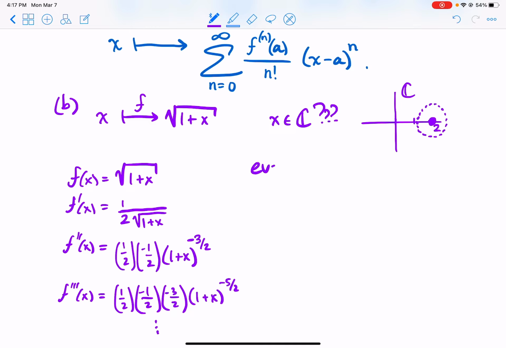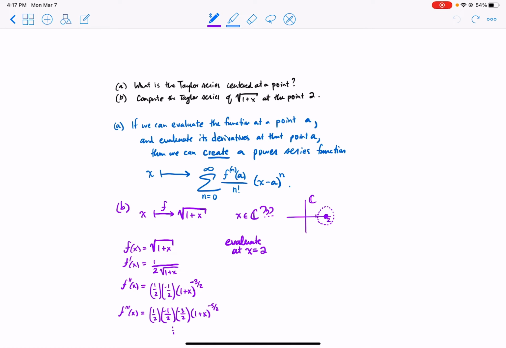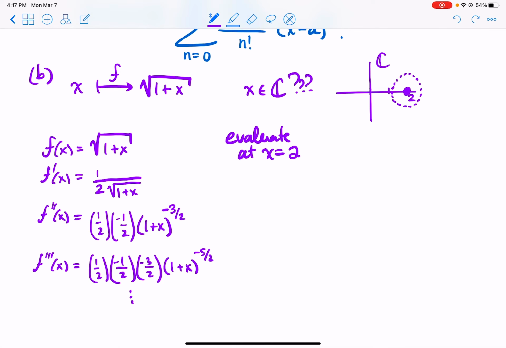Now we're going to evaluate at x equals 2. So f of 2 is square root of 3.